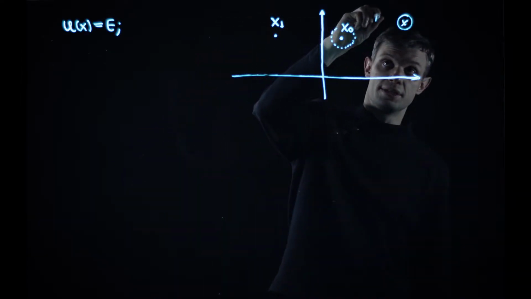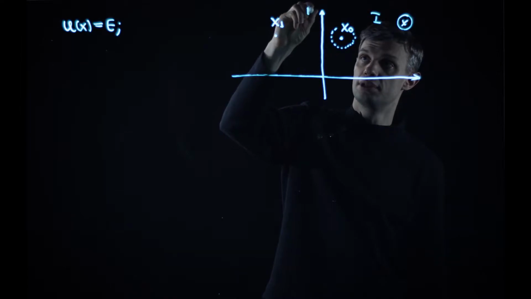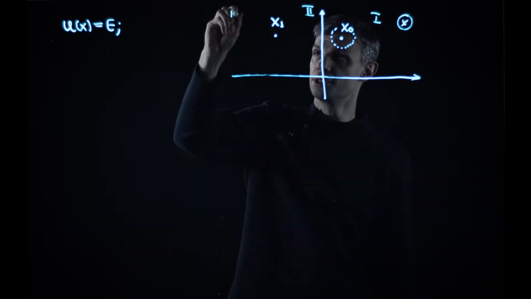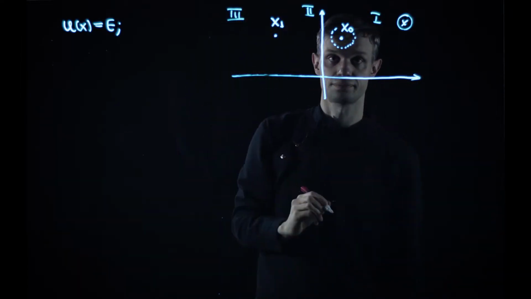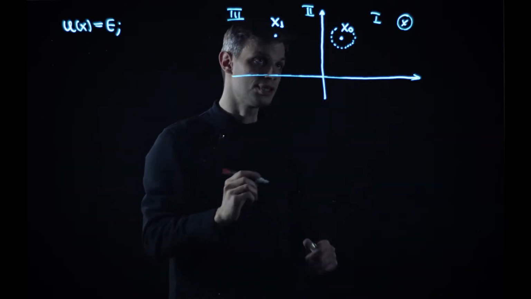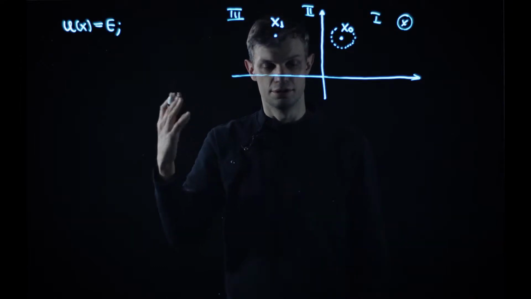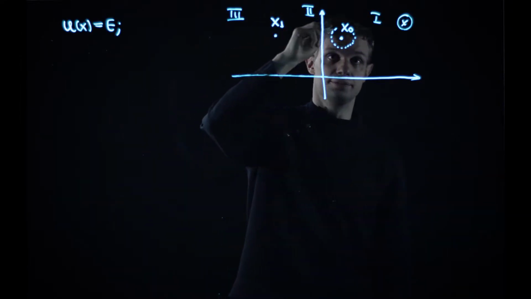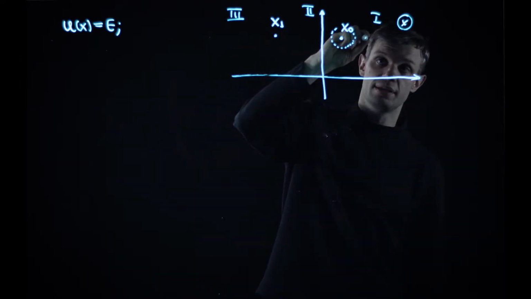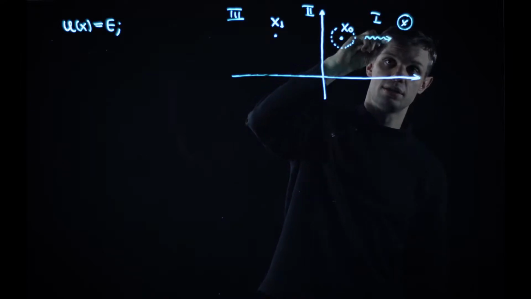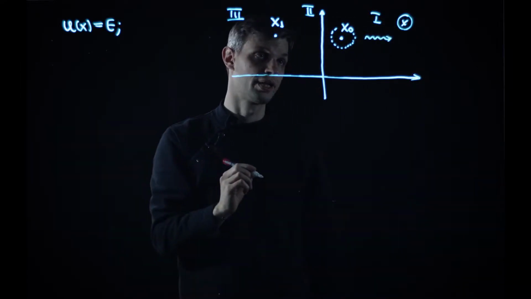Let's split our complex plane into 3 regions. In the right region, due to our search for a scattering event, we expect that in region 1, you have just a transmitted wave.